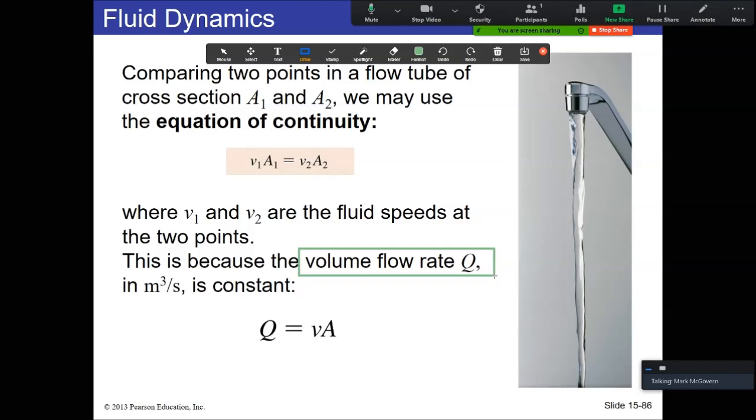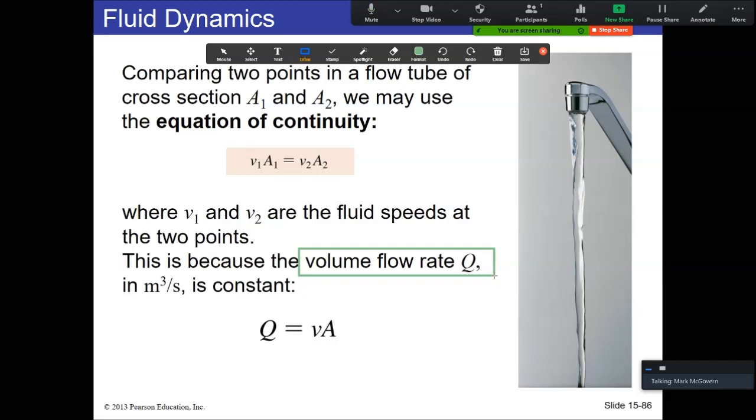When we're saying that our volume flow rate is constant, what we are saying is that the same volume of water has to pass through a given area in a certain amount of time. This is, as I mentioned, sort of a mass conservation argument. Now, the way we express volume flow rate is volume per time.